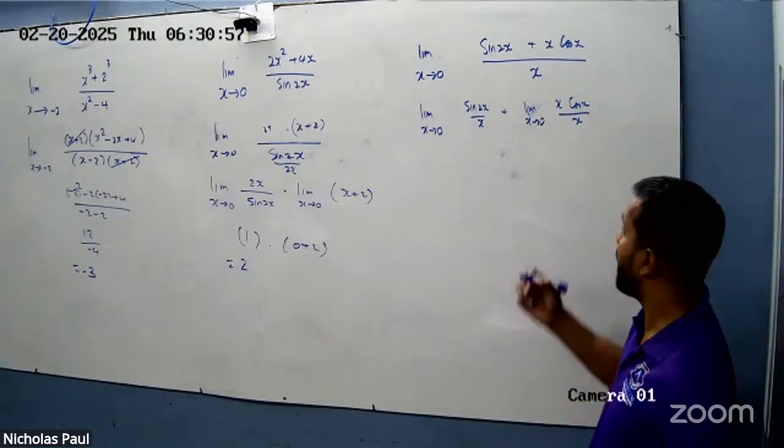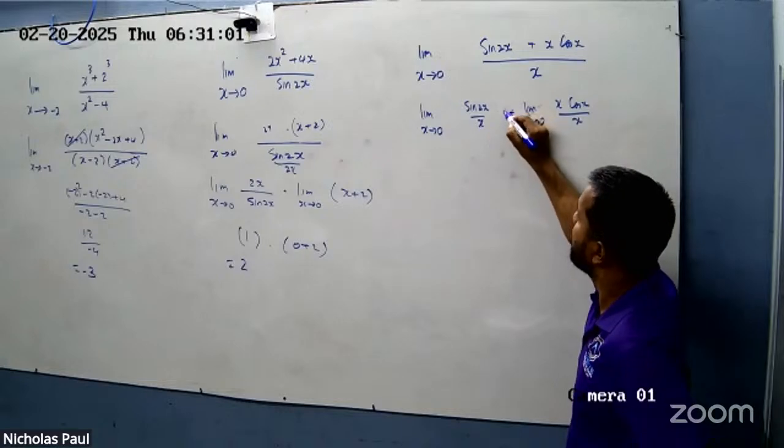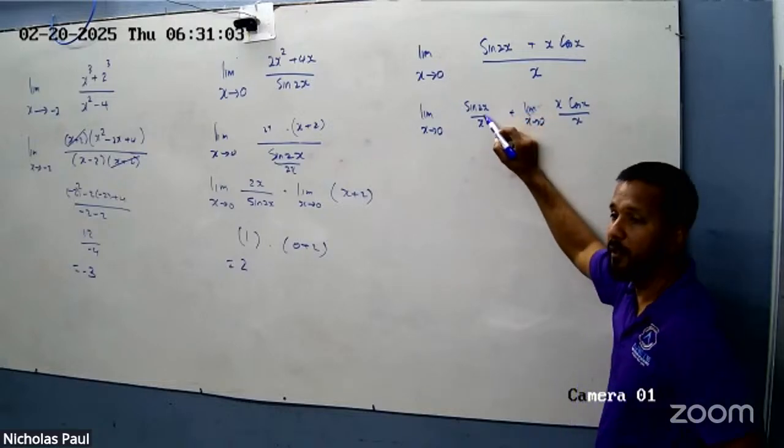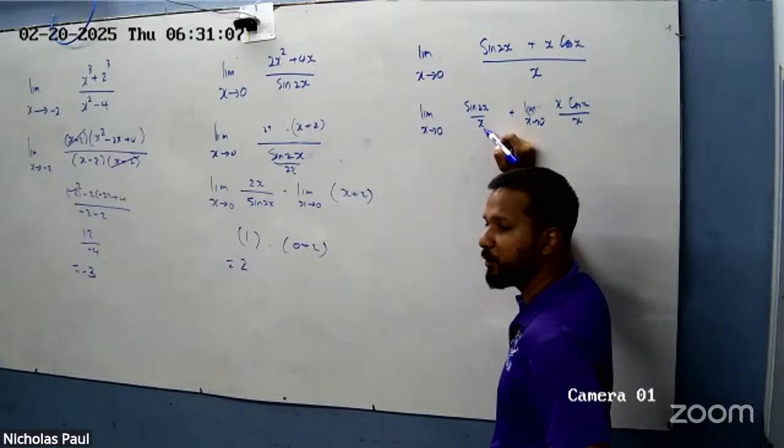Help out here. What to do here? Here is sine 2x on x. What to do?